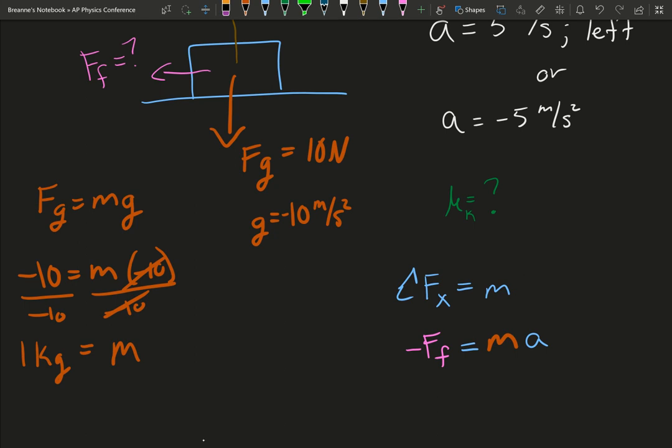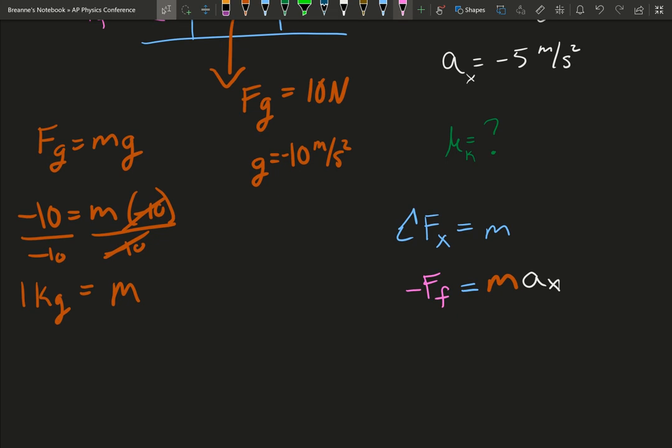Now we just plug in what we got. We are looking for force of friction, so we don't know that. We know our mass, which is 1, times our acceleration, which we know is -5.